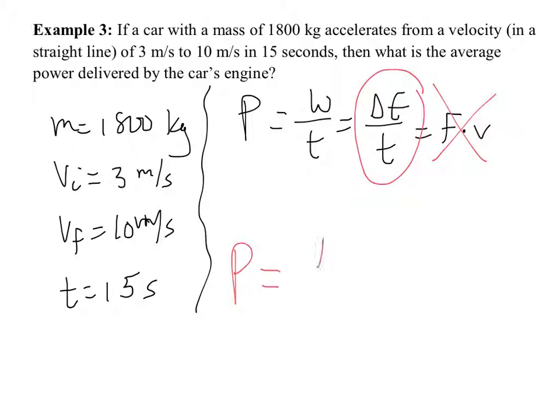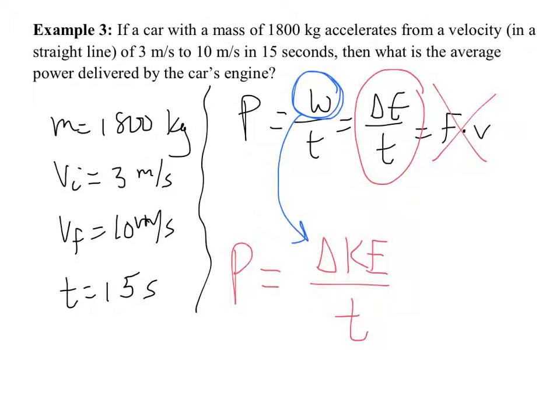So in this problem, I could start by saying, well, the change is kinetic energy, right? Now, if you wanted to, you could have recalled that work could also be defined as the change in kinetic energy. Remember the work kinetic energy theorem? That was from section 5.2. It told me that the work done on an object is equal to its change in kinetic energy if it's moving along a flat surface.